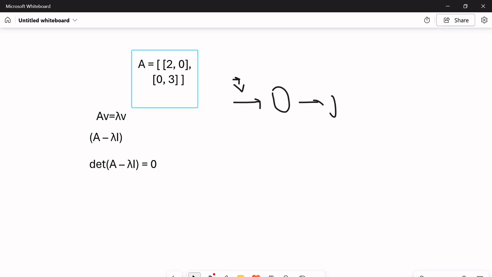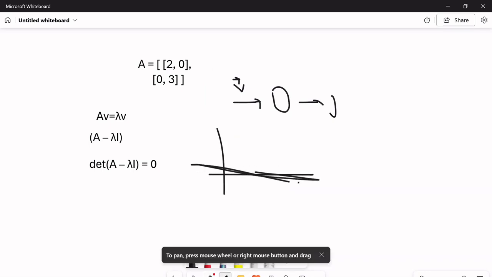It stays on the x-axis, but the length gets multiplied by two. The same thing happens on the y-axis, but here the vector triples in length, and it points straight up.